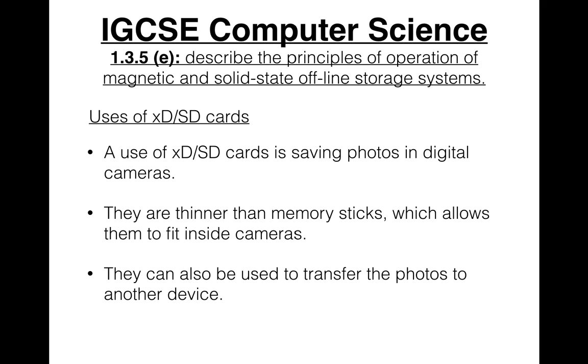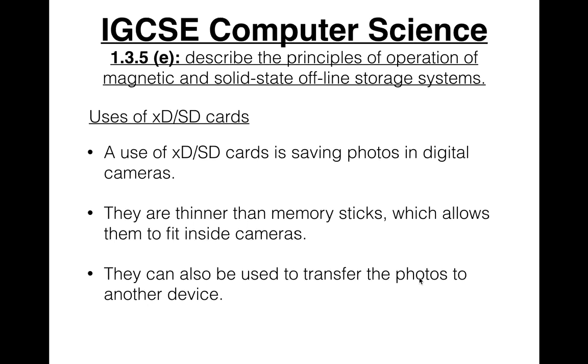They can also be used to transfer the photos from the camera to another device. Some devices have XD or SD card slots, like my old computer did. My new computer doesn't, because we don't use that stuff anymore.